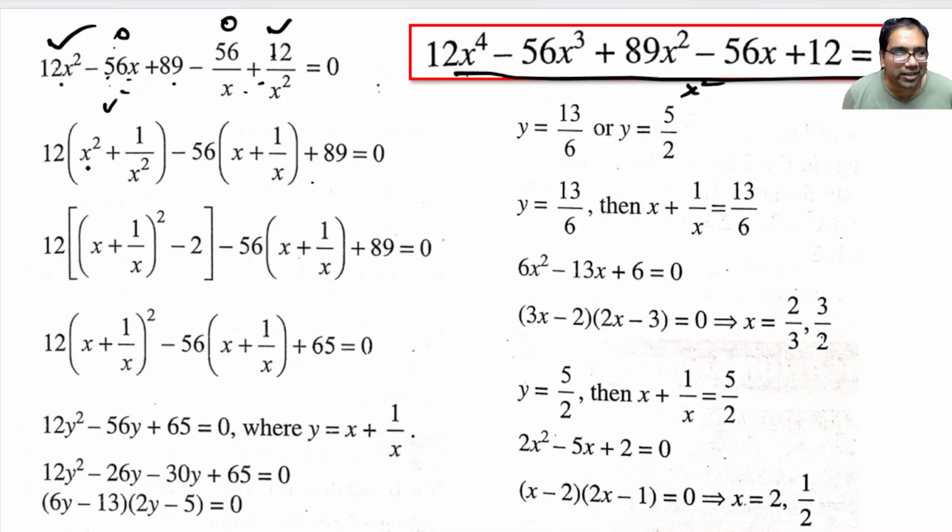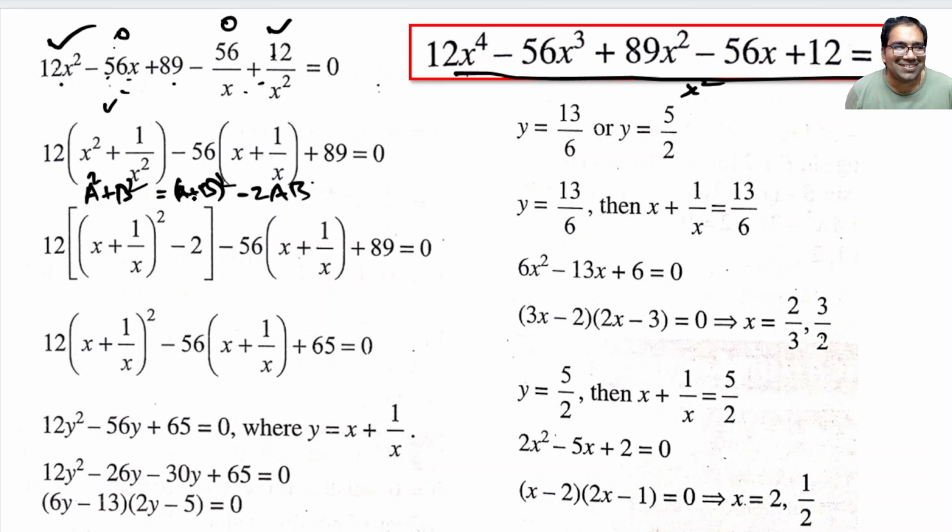Right. Now, x square plus 1 by x square. This is in the form of a square plus b square. What is a? a is x and b is 1 by x. a square plus b square is what? a plus b whole square minus 2ab. We can write it like this, right?